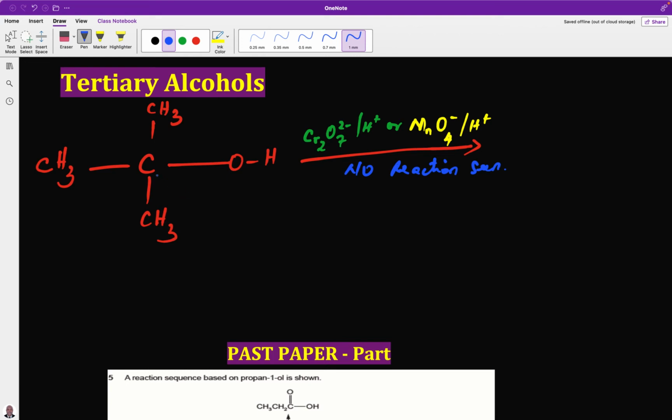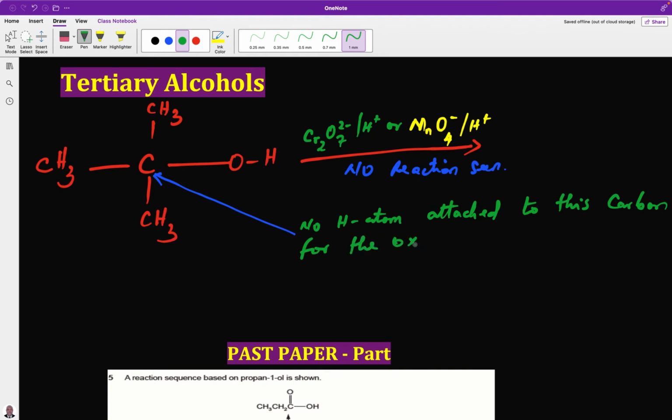So we can now say no hydrogen atom attached to this carbon for the oxygen to remove.